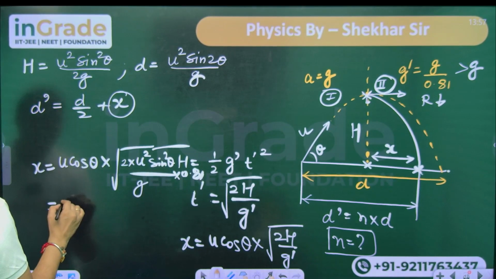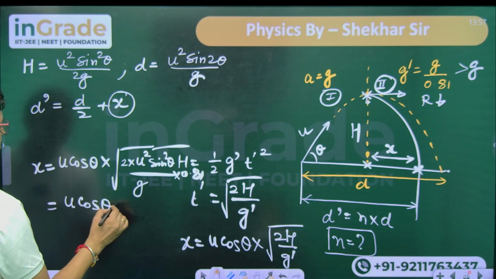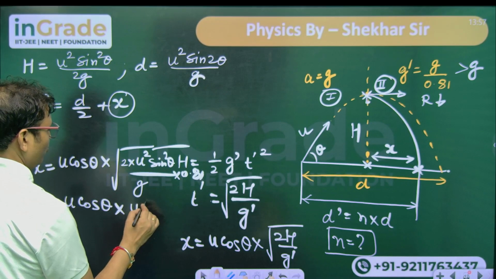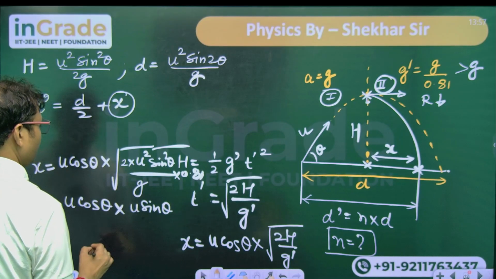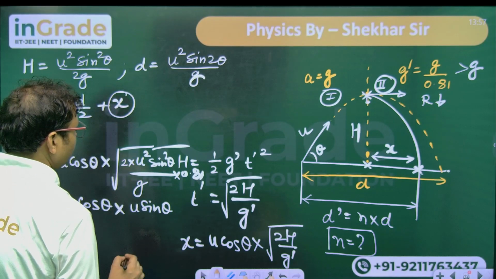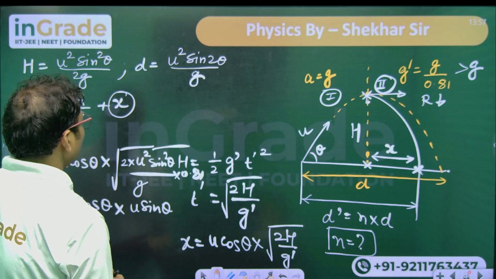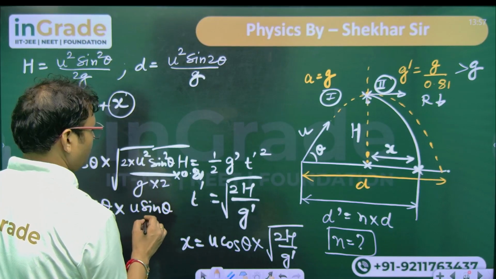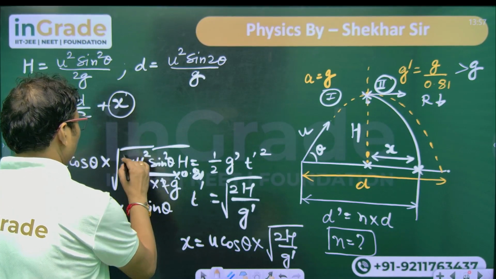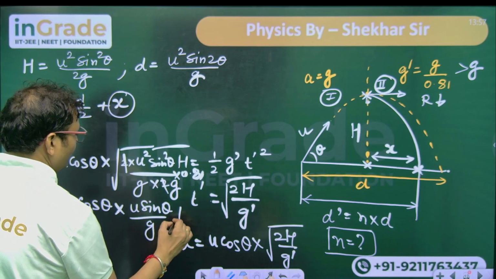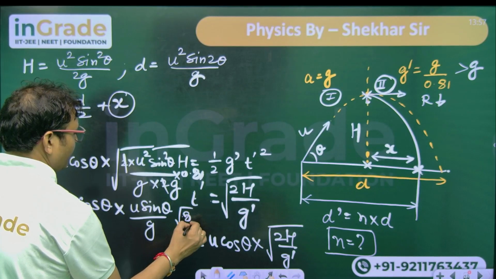So it will be u cos theta into u sine theta upon g, 2 getting cancelled out, into under root of 0.81.